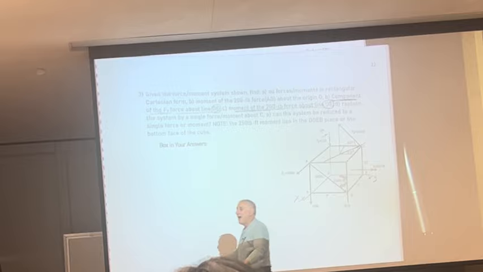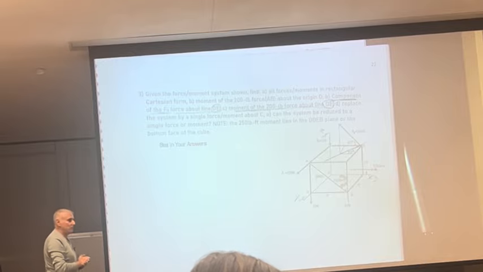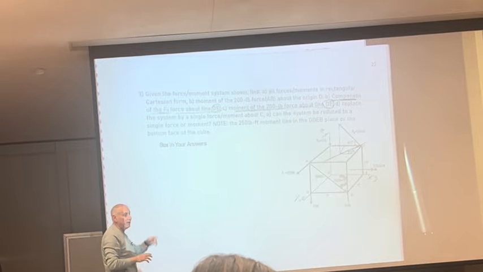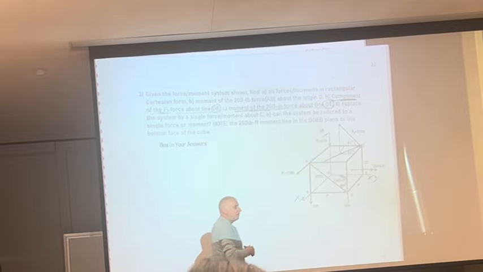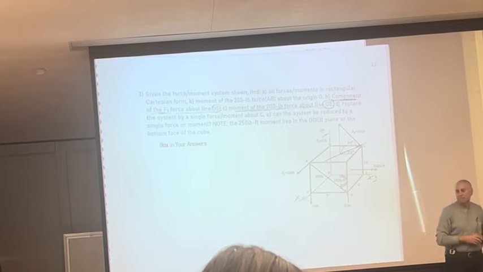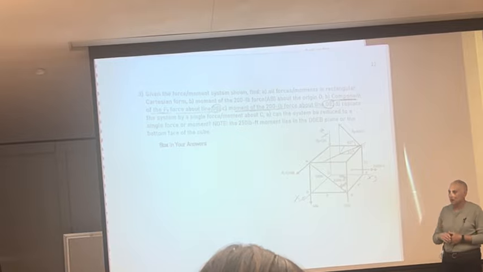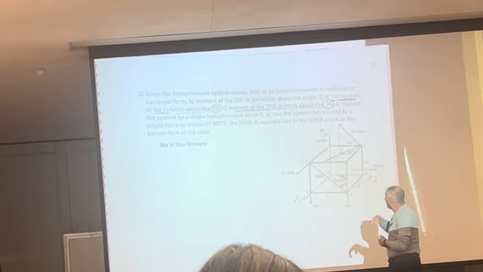Next question. Tell me the component of the moment about the same line. Notice the same line, DE, DE. Why am I doing the same line? Because I don't want you to spend your time finding a unit vector of a different line. You repeat the same unit vector that you did in question number C.